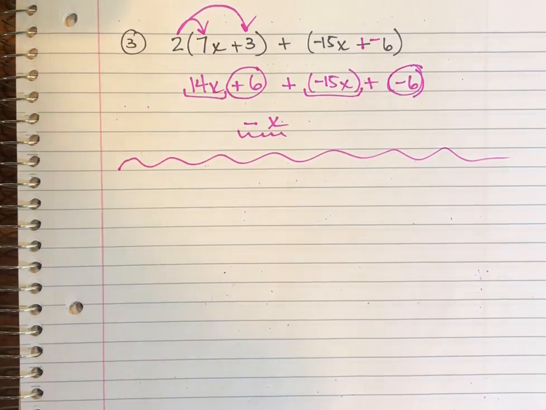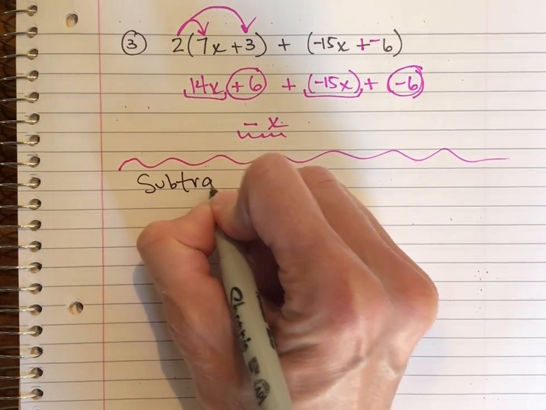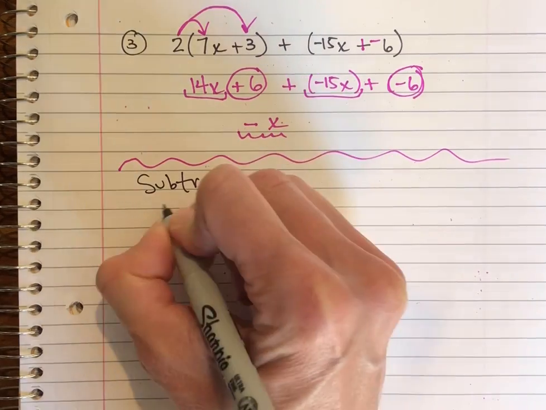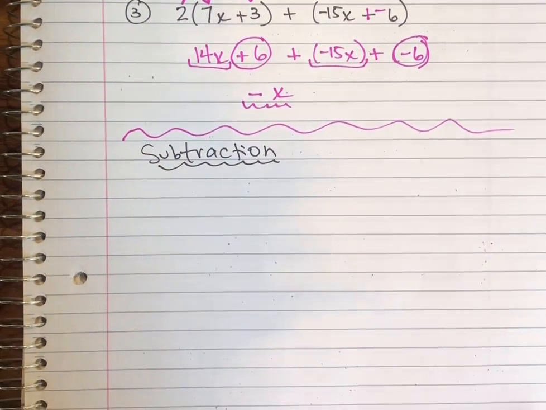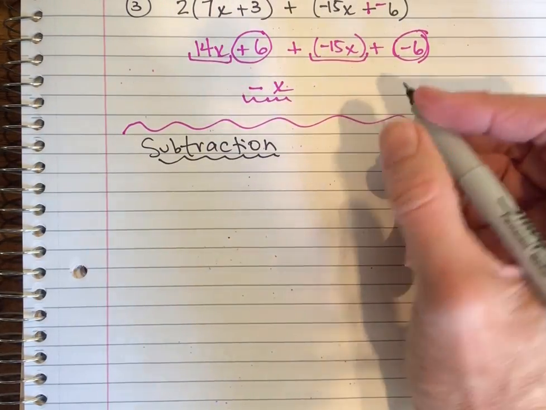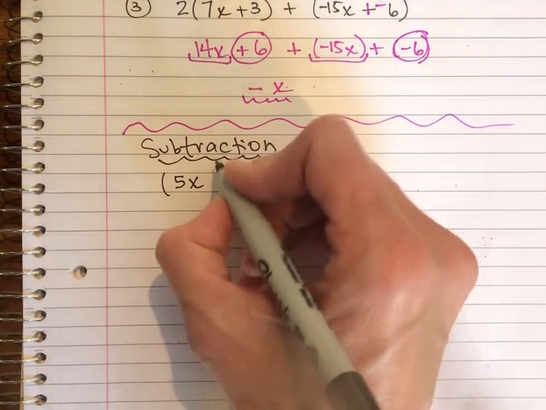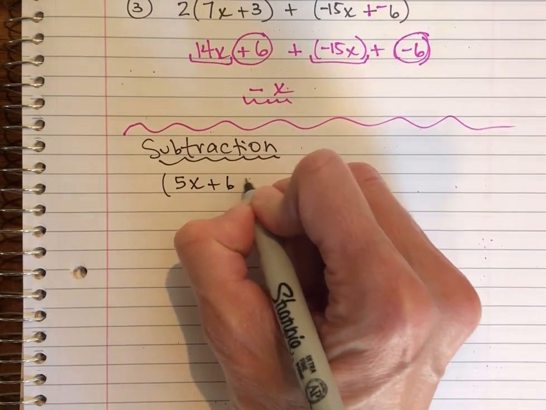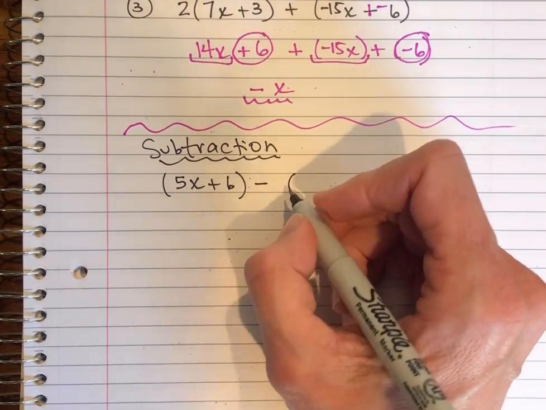Okay, so now we're going to move on to subtracting, which is really no different because we're still eliminating all the subtraction first. Okay, so this is subtraction, but not really. We have to make sure we understand one thing first. This is subtraction. Here's a parenthesis.